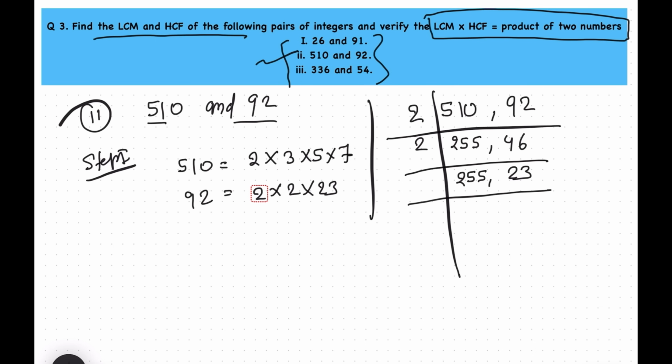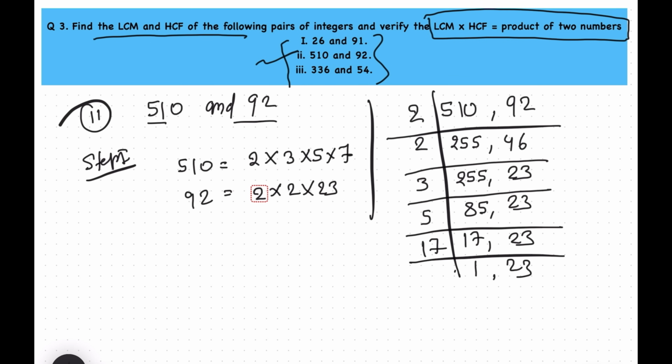Next we divide by 3 and get 85 and 23. Next we divide by 5 and get 17 and 23. Further we can divide by 17, and lastly by 23. Like that we can do.